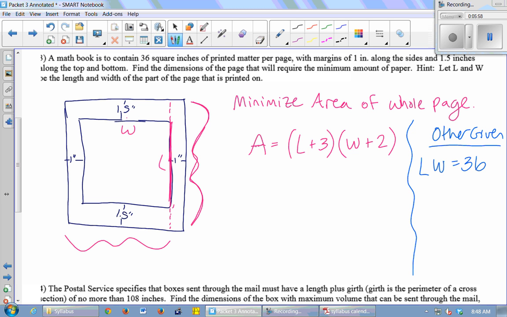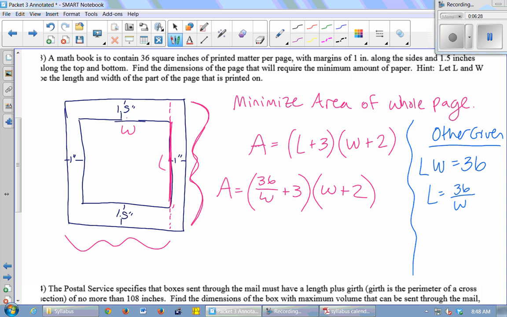So I could solve for one of these variables. Let's say length. That would be 36 divided by W. And then I could make a substitution in my formula for area. So I now have area is, instead of L plus 3, it'll be 36 over W plus 3 times W plus 2.